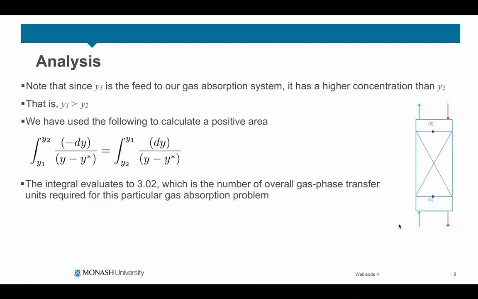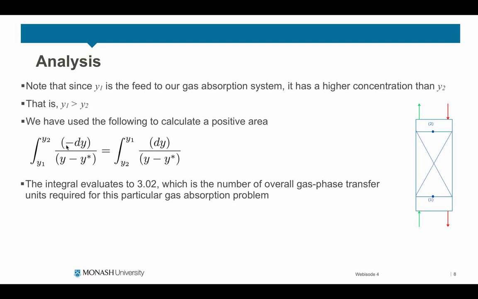We need to note that since y1 is the composition of the gas entering our system, this is a gas absorption system, so y1 is the higher concentration in the gas phase. It's higher than y2. What that means is that in this particular example, we haven't evaluated this integral, but we've evaluated this equivalent integral.